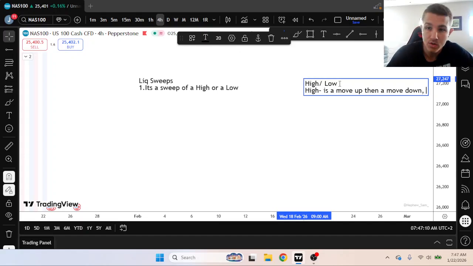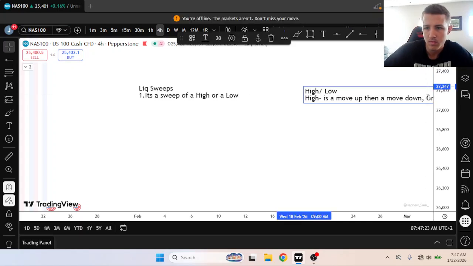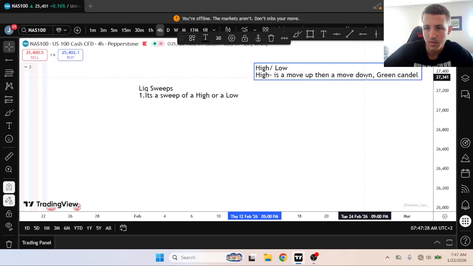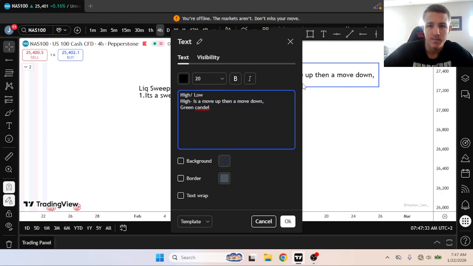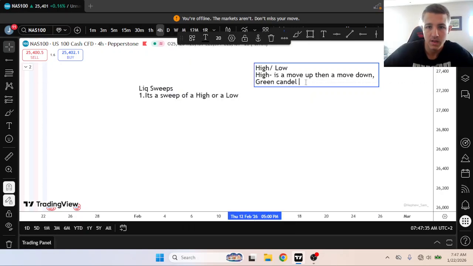But if you use the default setting, it's a green candle, then a red candle.